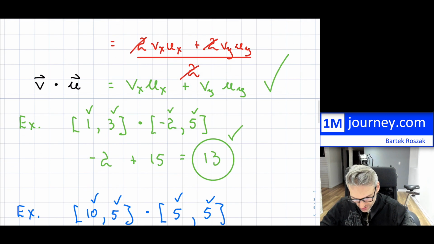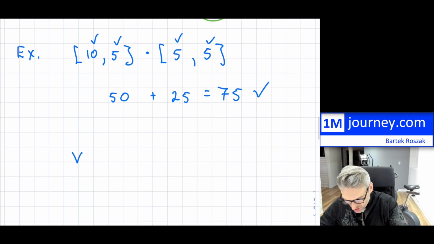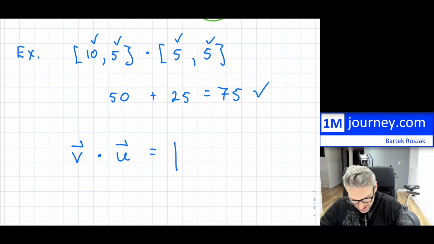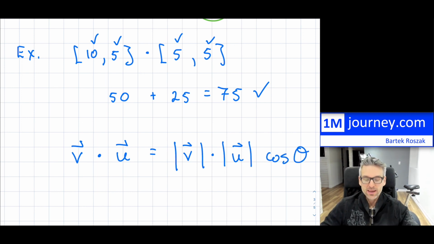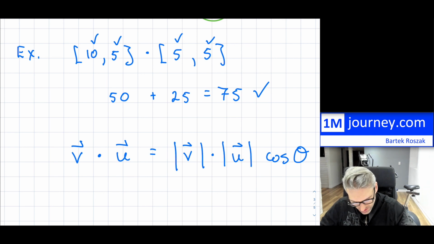Now, in general, our definition of the dot product between any two vectors is the magnitude of the first vector multiplied by the magnitude of the second vector and then multiplied by the cos of the angle in between them. Now, we have to be careful here with this dot.